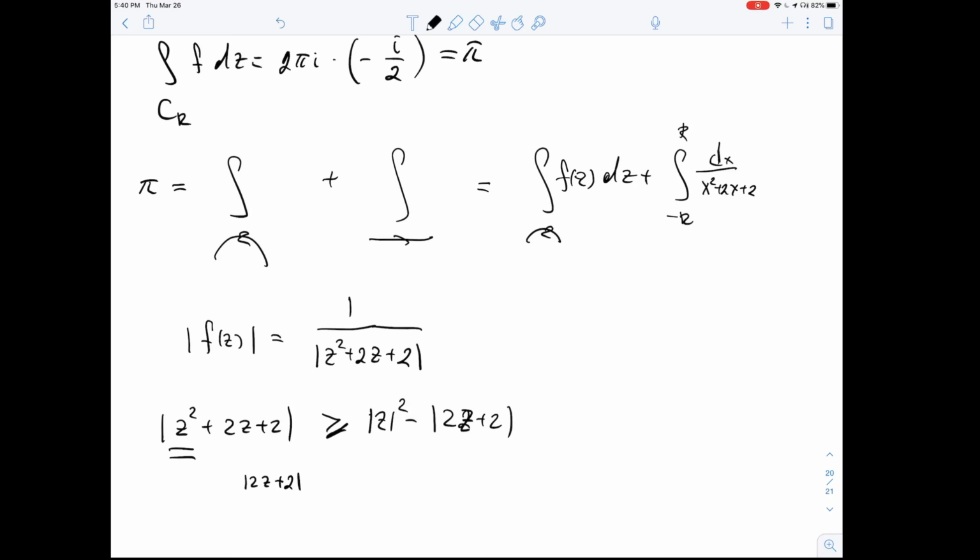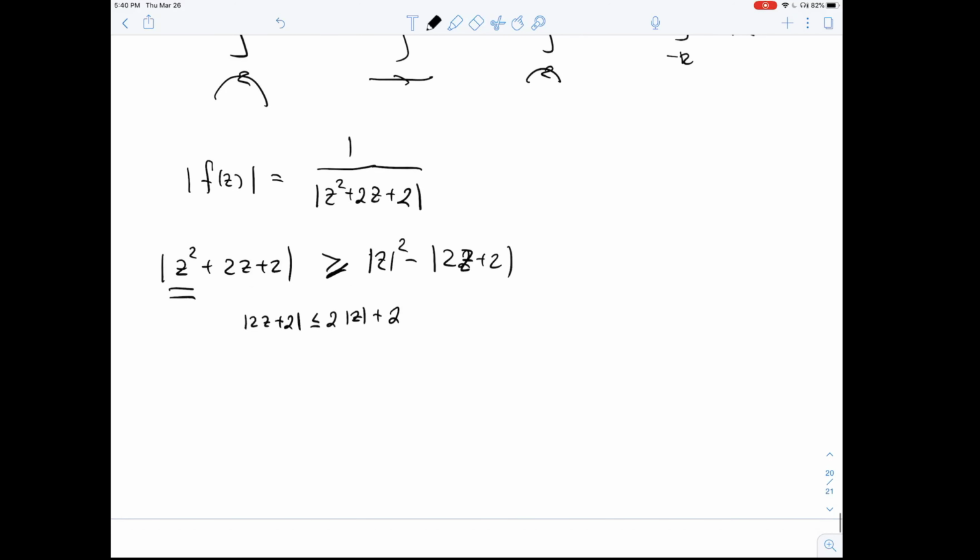Now, I know at least half of you will have questions, but I encourage you to rewatch this video slowly and see that I'm not messing the signs up. So that's the triangle inequality. This implies that minus the absolute value of 2z plus 2 is bigger or equal, because I have the minus now, than this.